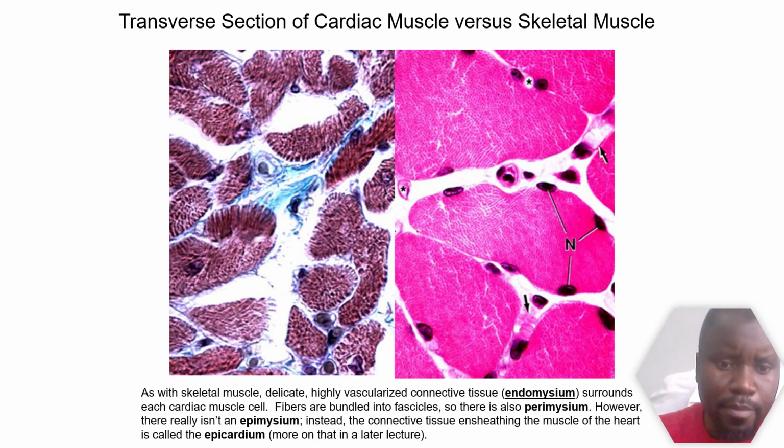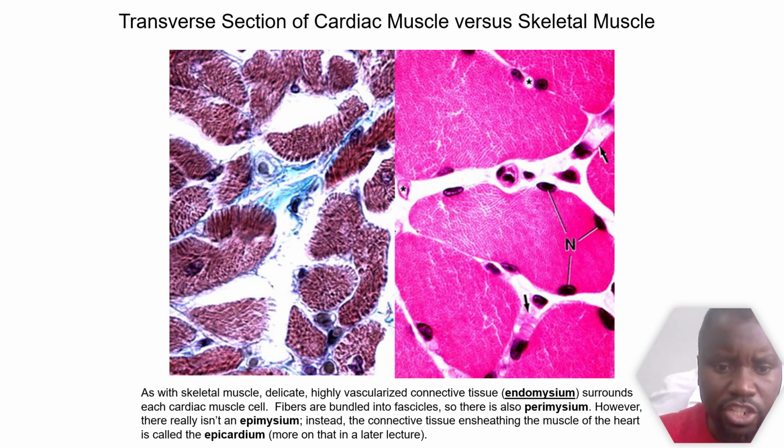With skeletal muscle, it is delicate, highly vascularized connective tissue that covers each cell, called the endomysium. The endomysium in cardiac muscle is also there for each cell. The fibers are then organized to make fascicles. These are covered by perimysium.